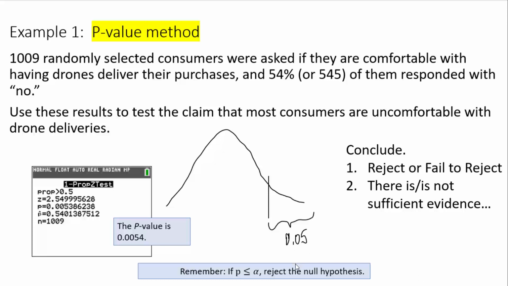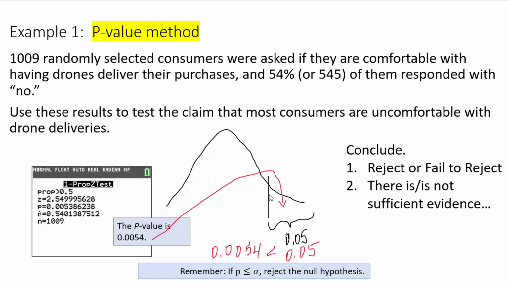So alpha is 0.05. Well, my p-value was 0.0054. This p-value is smaller. 0.0054 is certainly less than 0.05.